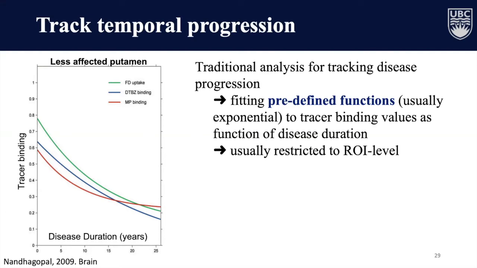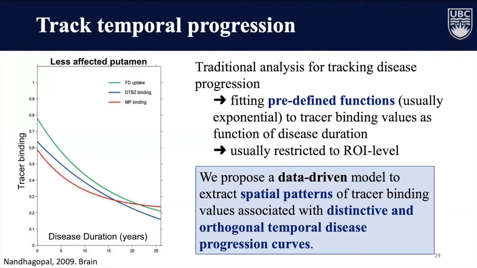These potential different temporal progression curves cannot be separated with traditional model fitting analysis. Also, these analyses are usually restricted to ROI level because fitting exponential functions at a voxel level is very computationally expensive and pretty noisy.